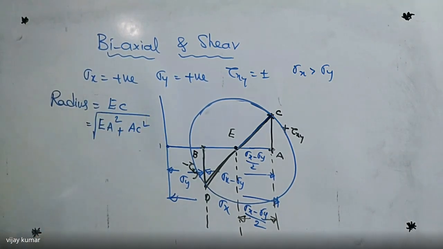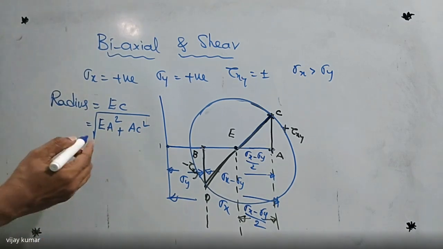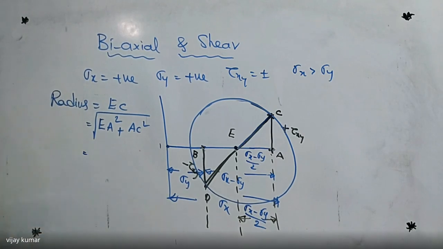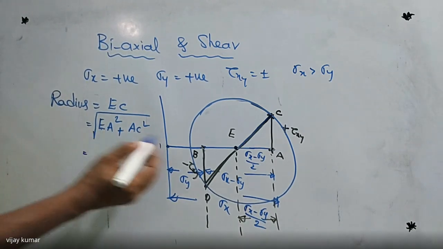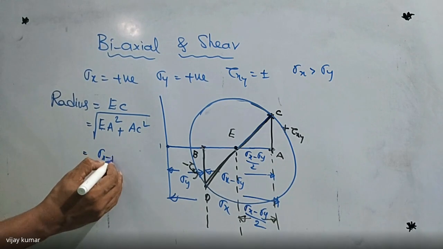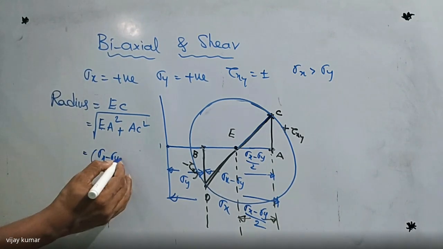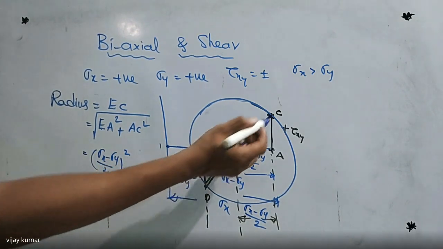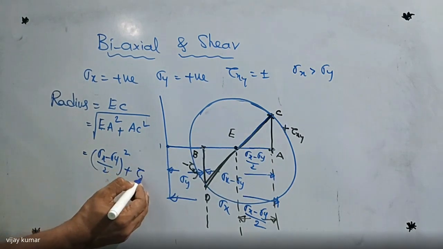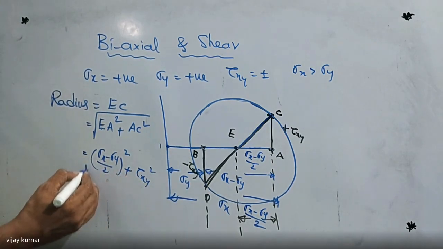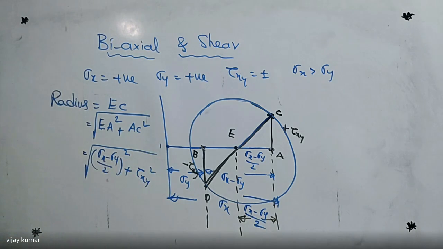Did you get my point? Now tell me, what is EA? EA is nothing but sigma x minus sigma y by 2, whole square, plus what is AC? AC is nothing but tau xy square, all under the square root. So this is the value of the radius of the Mohr circle.